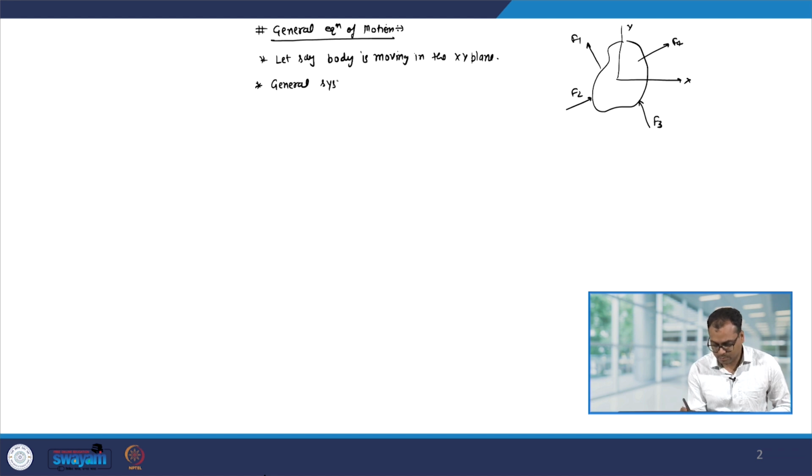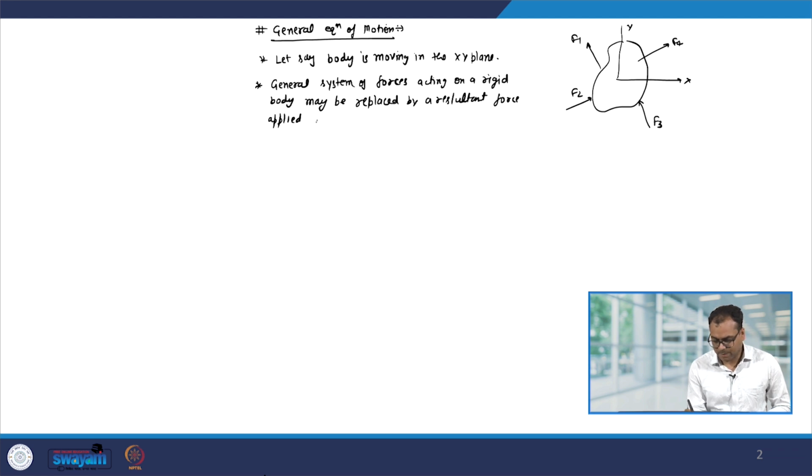General system of forces acting on a rigid body may be replaced by a resultant force applied at a chosen point and a corresponding couple.